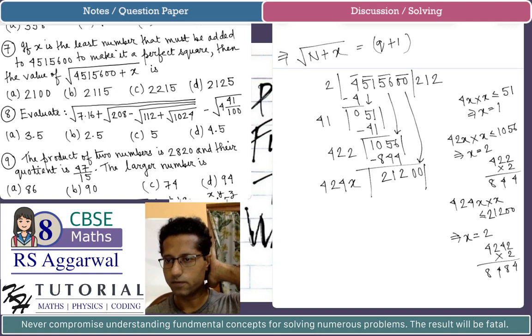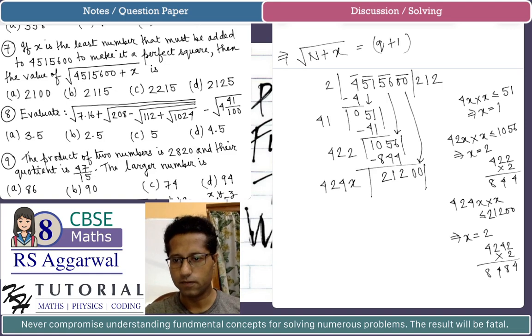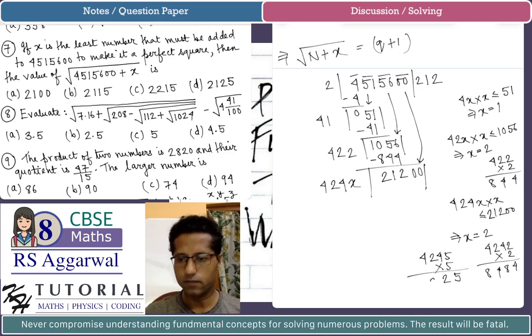Can it be 5? Let's see. 4245 multiplied by 5, how much is it? 25, 20, 22, and then 10, 12, and then 20, 21. No, it is exceeding. So definitely x will be 4.